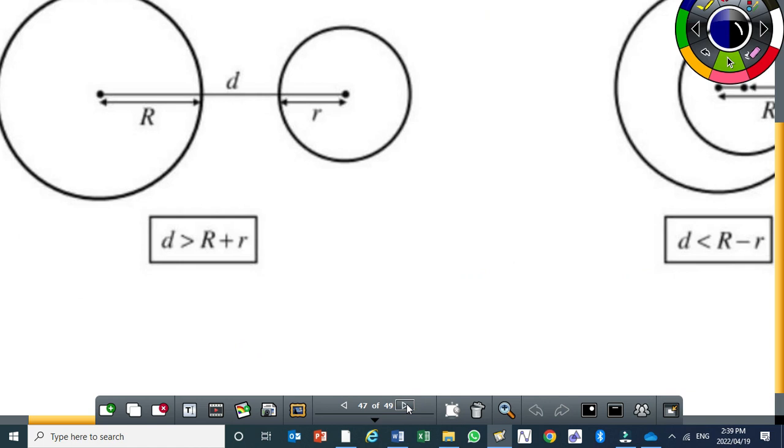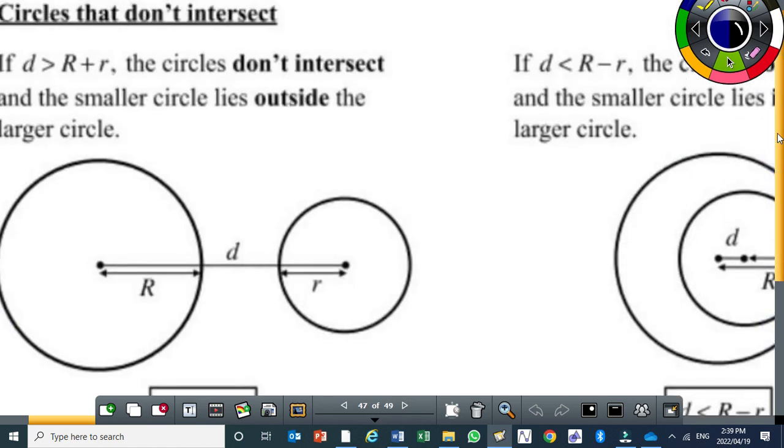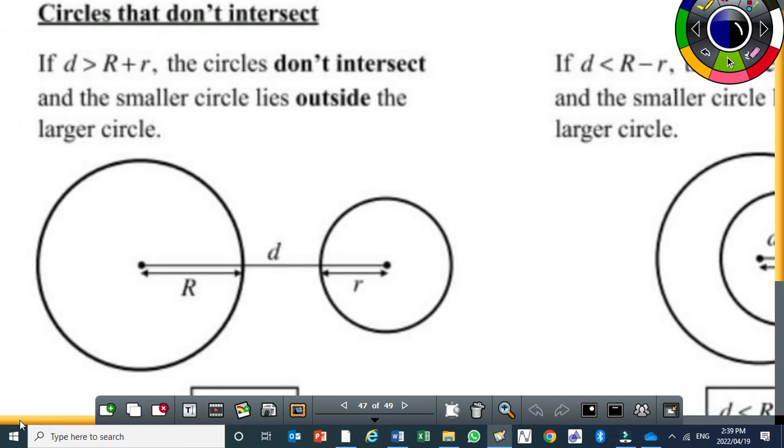Now, intersecting. If the two circles don't intersect, what it means is that the distance between their centers will be greater than the sum of their two radii.